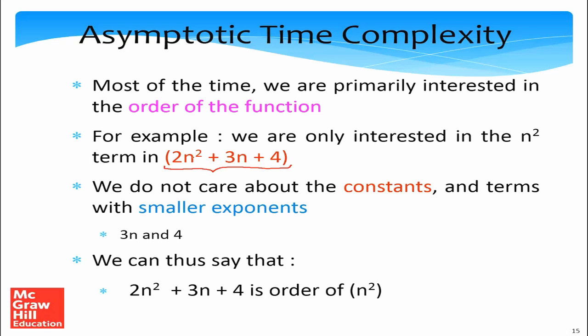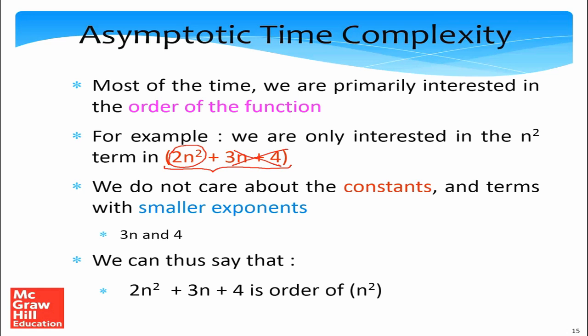So the only term that actually dominates this expression is 2n square. So the rest of the terms, in a certain sense, can be ignored. Again, it's being mathematically inaccurate, but we shall see that there are some advantages to this.